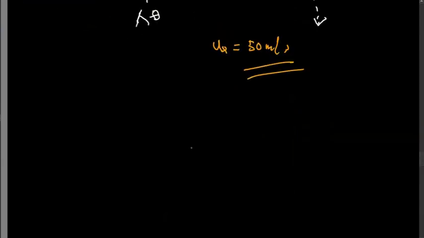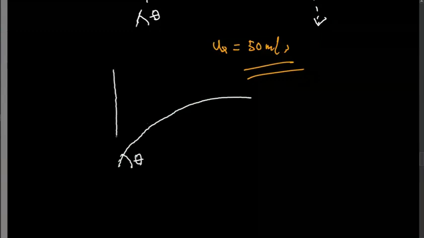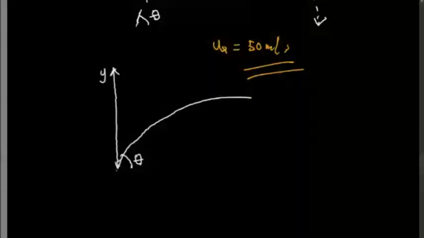Okay. So now this is just a physics concept. I told you before in projectile, when you launch a projectile from the ground at an angle, it's going to be going up. This is the y-axis, right? This is the x-axis. Are you seeing this?